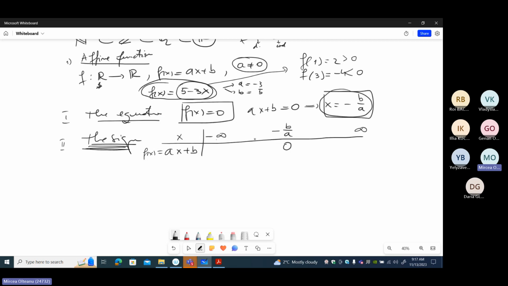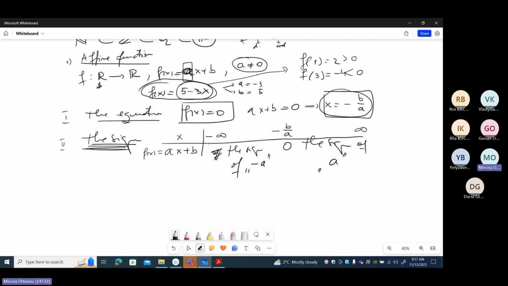Here, on the first interval, our function takes values opposite to the sign of a. Let's say the sign of minus a. And here, the sign of a. A means this one, the coefficient of x, yes?